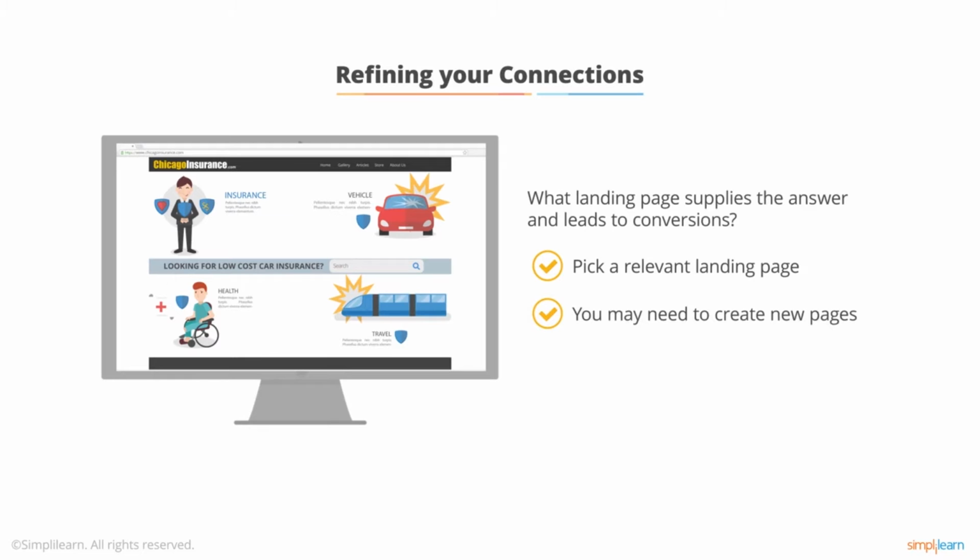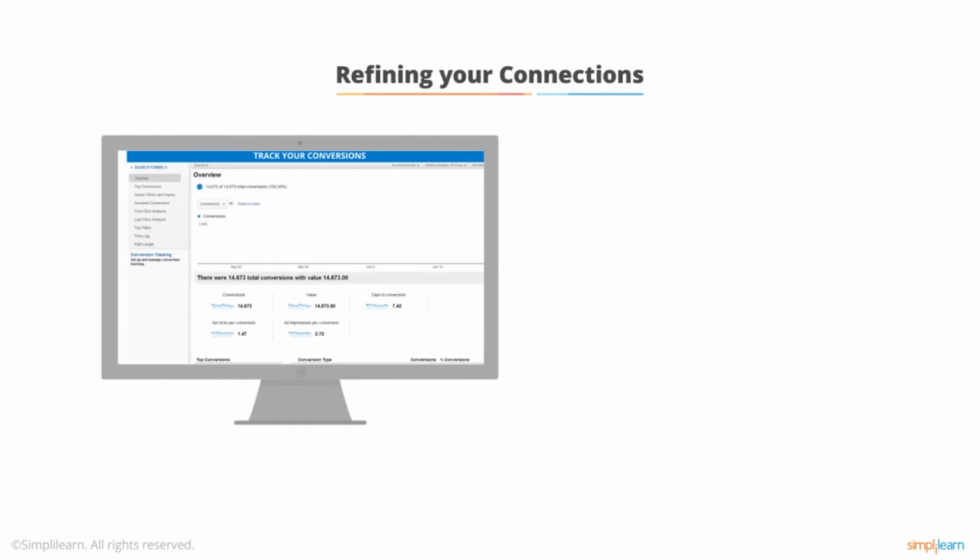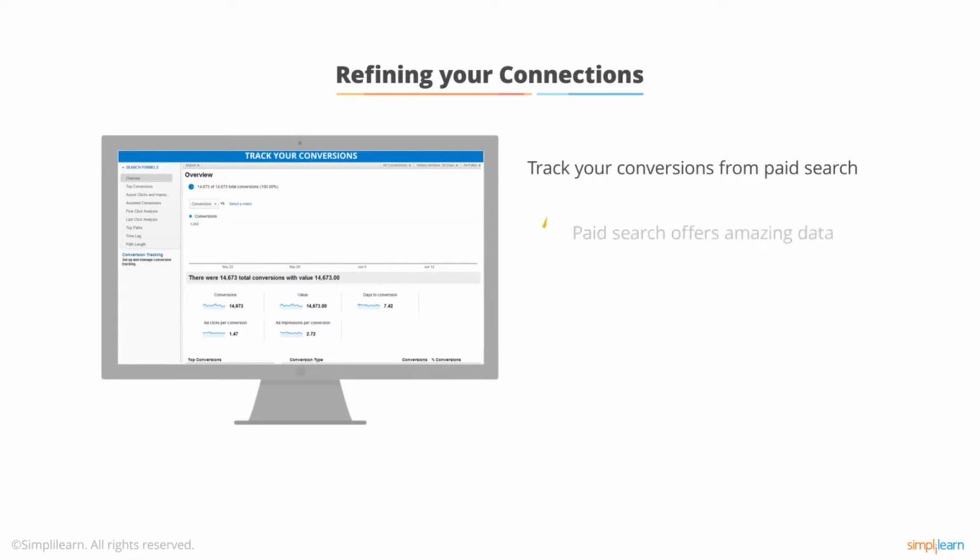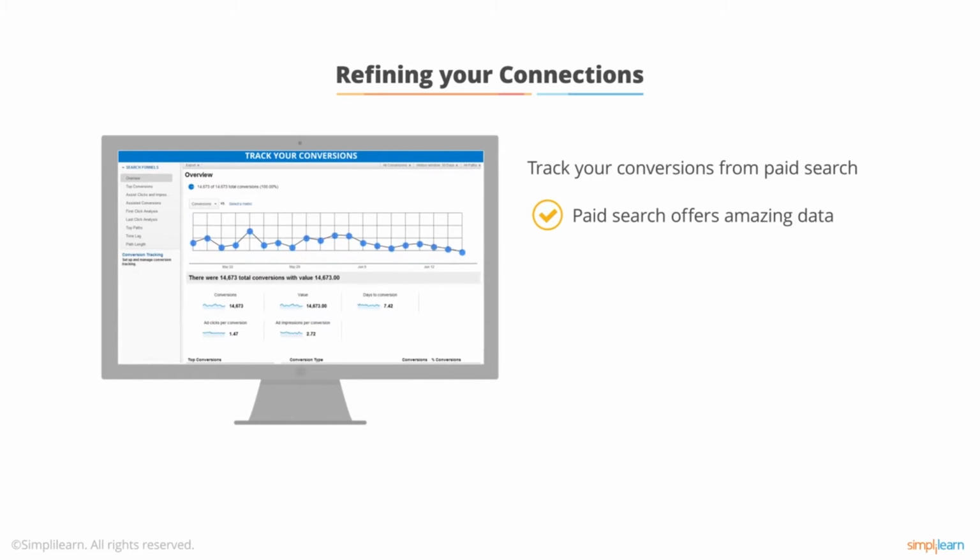And then once you have this data in place, you've got your keywords, you've got your ads, you've got your landing pages, you will get customers. So then paid search gives you so much data, you have to track conversions. When people become customers, when they're calling you, filling out your forms, contacting your business, buying a product, subscribing to your emails, whatever your goals are.